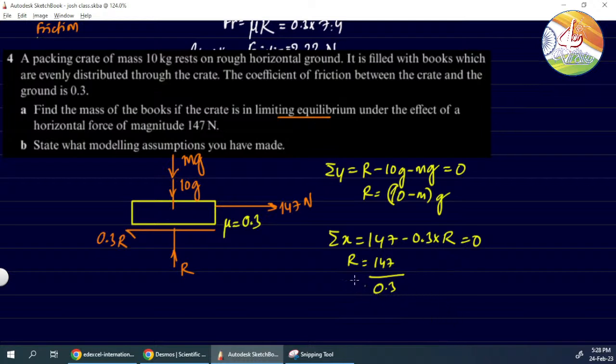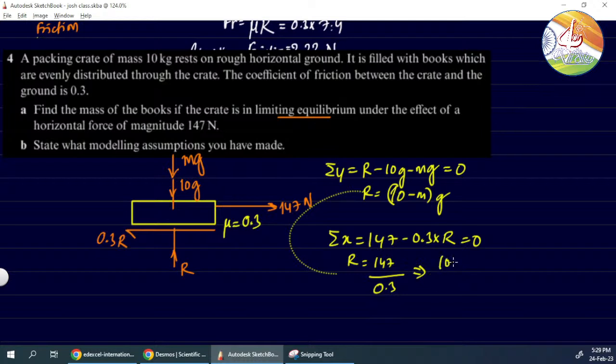So r we found. What did he ask us to find? m, na? So sigma m, sigma r. So r is equal to this. So if you substitute r here, what do we get?